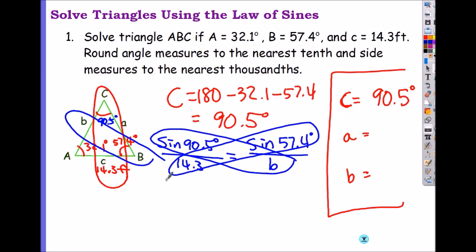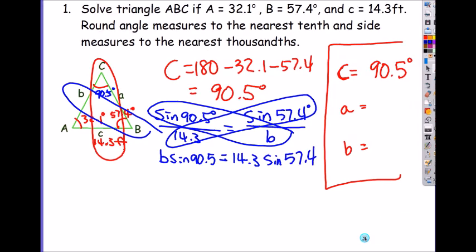So b times sine of 90.5 equals 14.3 times sine of 57.4. We're solving for b, so what's our last step? Divide by sine of 90.5. Again, put this whole expression in at the end.